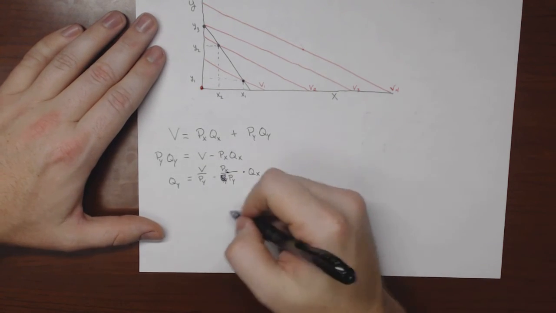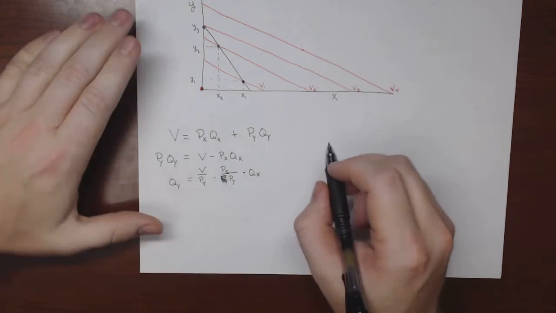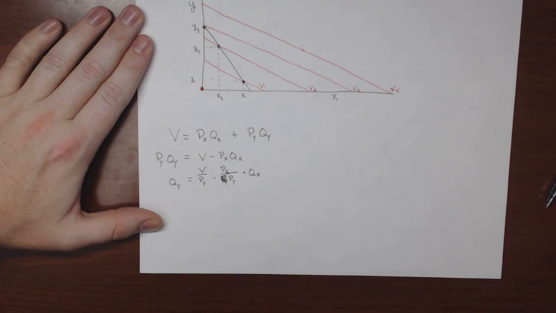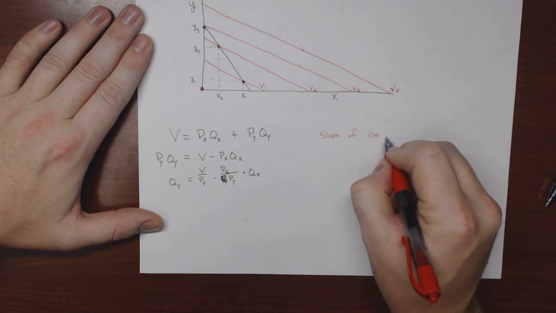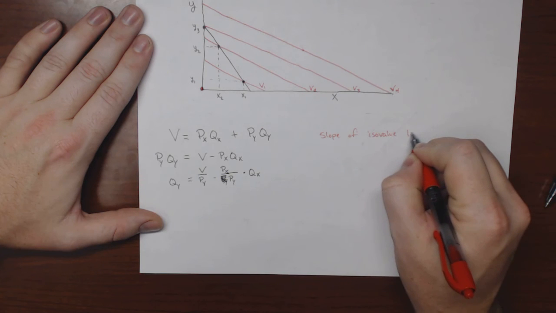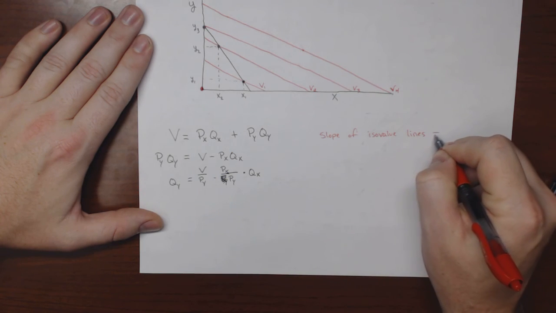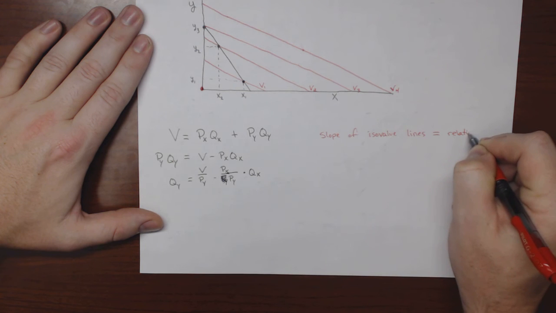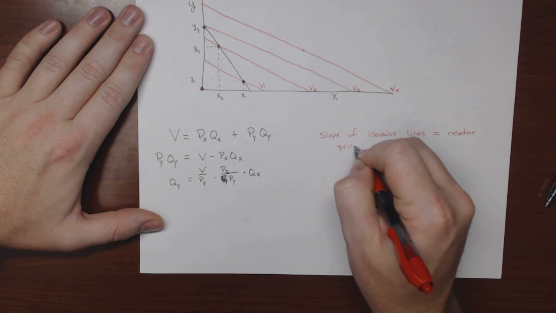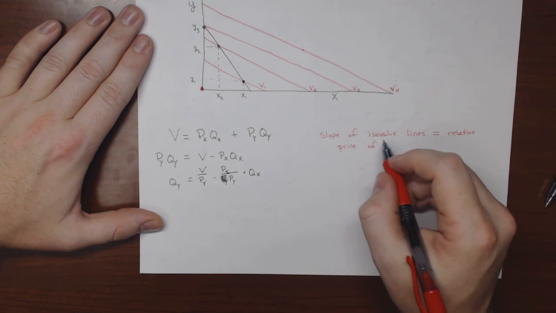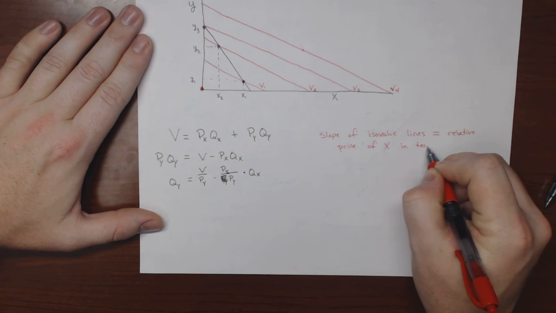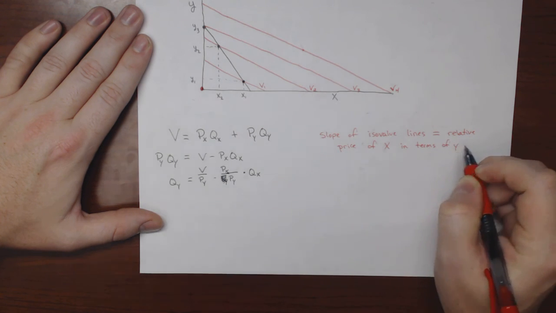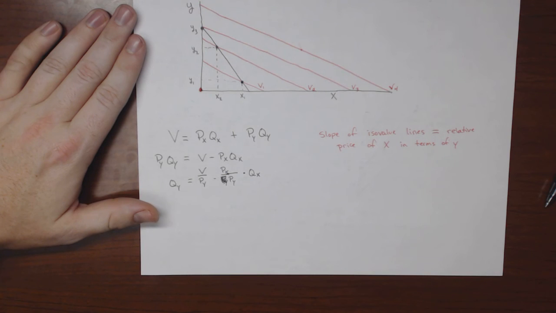Okay, so we know the slope, right? The slope is the relative price. Okay, so the slope of the ISO value lines is equal to the relative price of X in terms of Y. Okay.